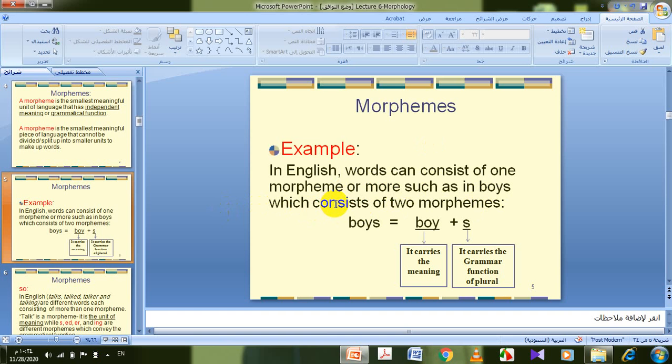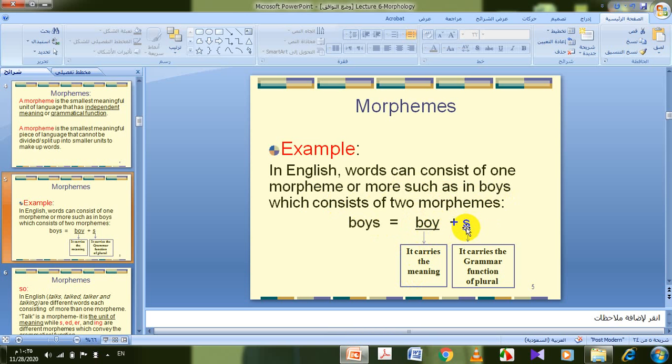Sometimes a word is one morpheme, but in other cases, we have words that consist of more than one morpheme. A good example is the word boys. It consists of two morphemes: boy and s. Boy carries the meaning.